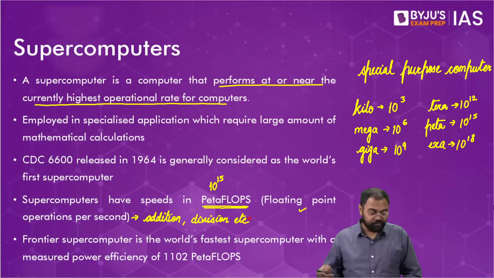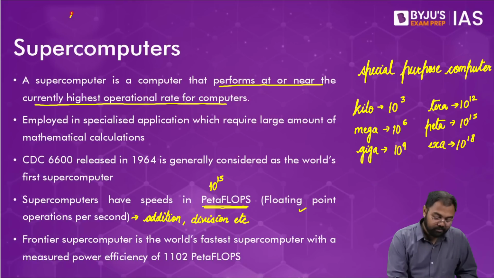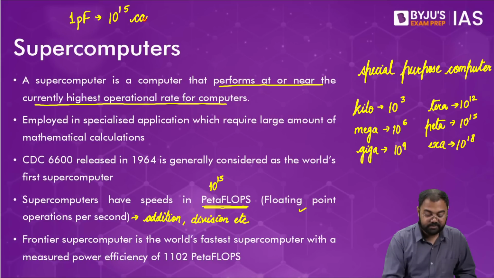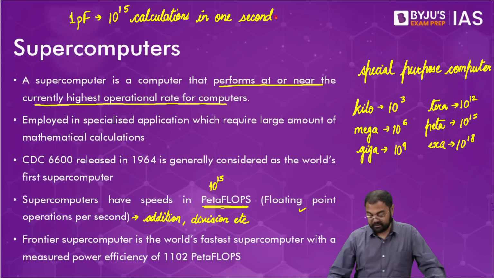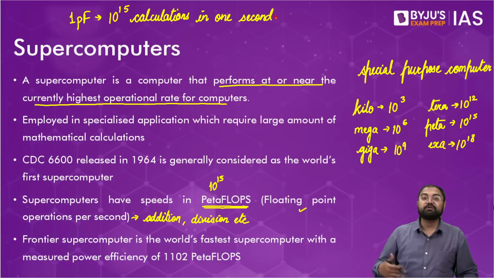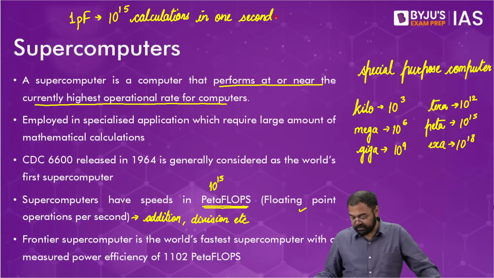So 1 petaflop would be 10 to the power of 15 calculations in 1 second. So it's an extremely fast speed, right?